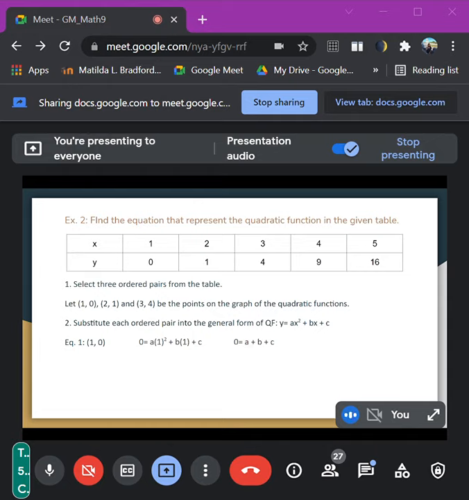Okay? And now, for our second, so ari na sa atong second ordered pair, which is 2, 1. So, you have there, substitute gihapon ta sa tuang quadratic function, nga equation. So, you have there, y nimo is 1, and then your 2 is the x. So, A quantity 2 raised to the power of 2 plus B times 2 plus C. So this one, 2 raised to the power of 2, that is 4. 4 times 1, 4 times A, that is 4A.